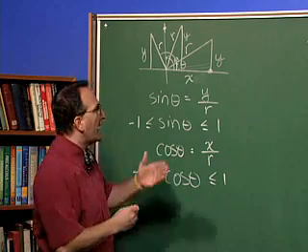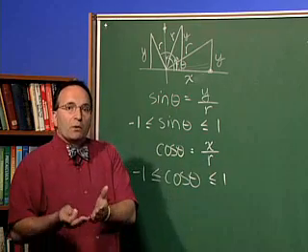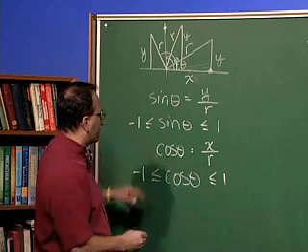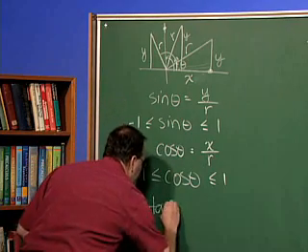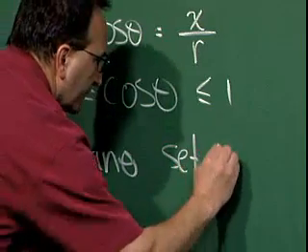Because when you take the ratios of x to y, not only will we get fractions, but we will also get mixed numbers. So the range for tangent of theta is the set of real numbers.